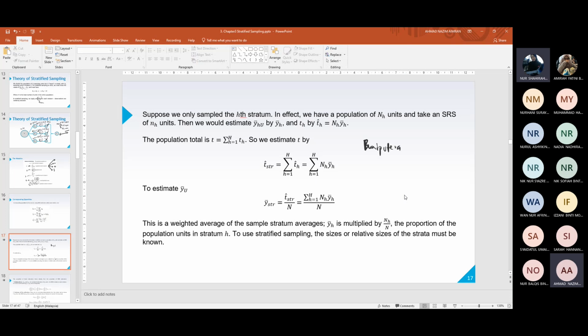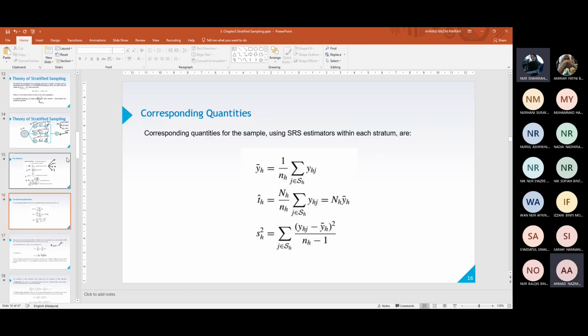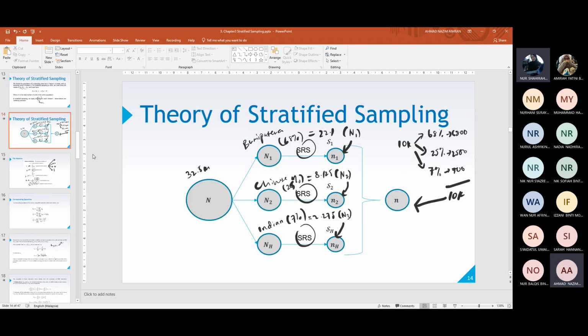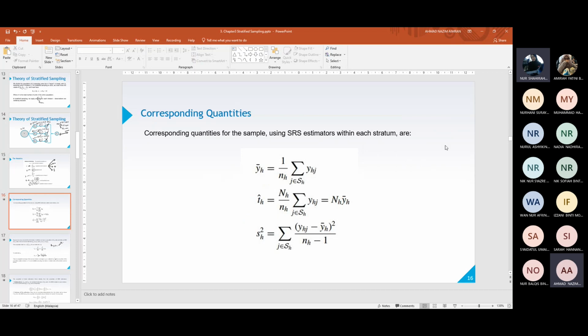So we know that out of 32.5 million, the population size of Bumiputra is 22.1 million.